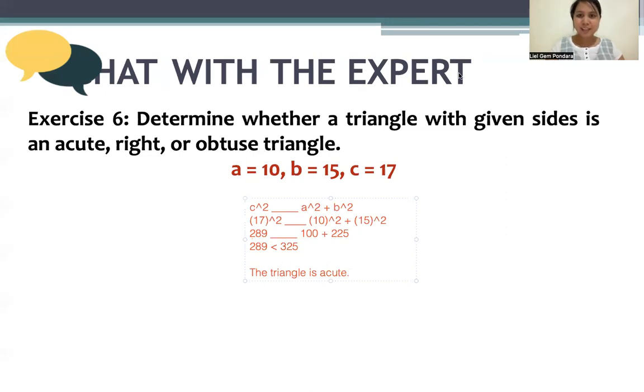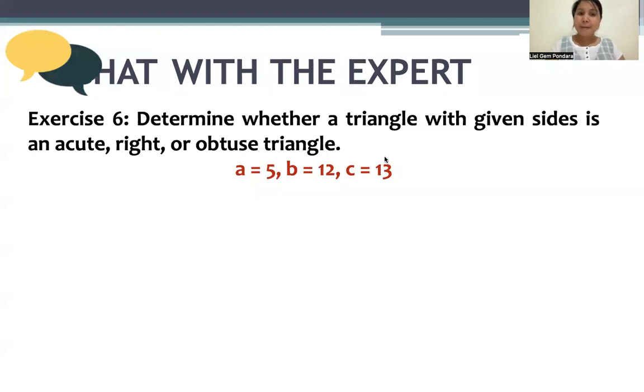Let's go to the next exercise. A is 5, B is 12, C is 13. Again, we do the c squared. What's the relationship to a squared plus b squared? Our c is 13, we square that. Our a is 5 squared plus 12 squared.